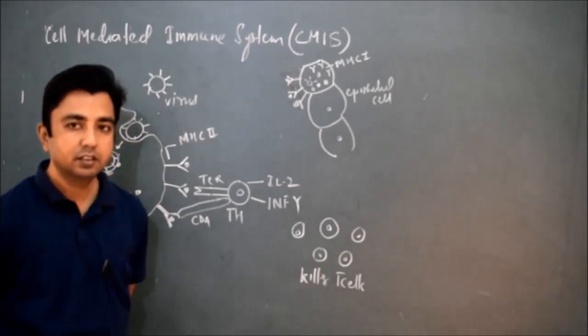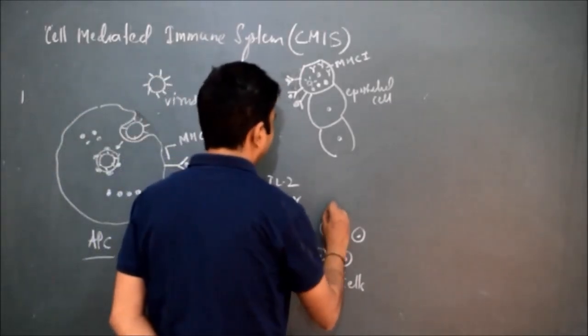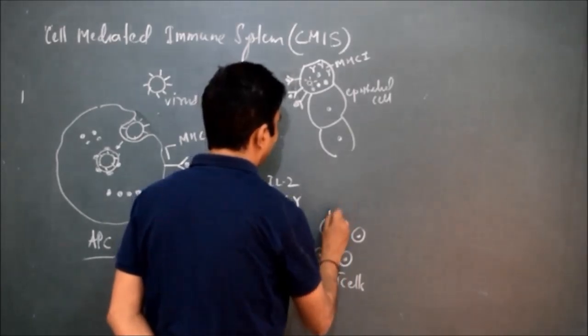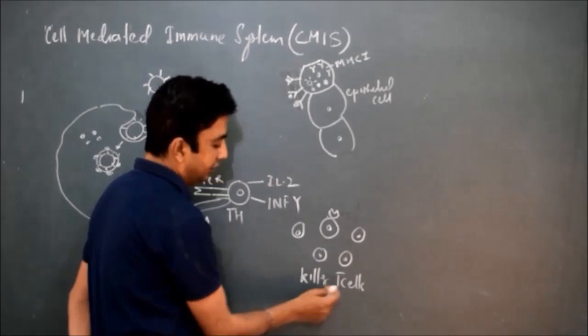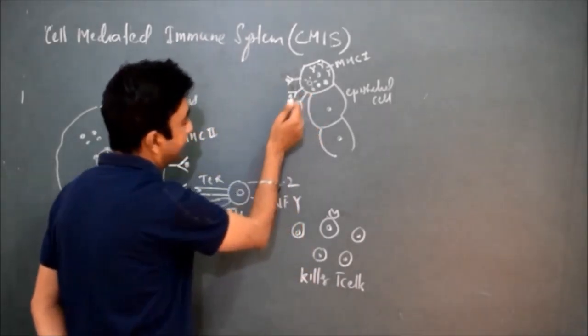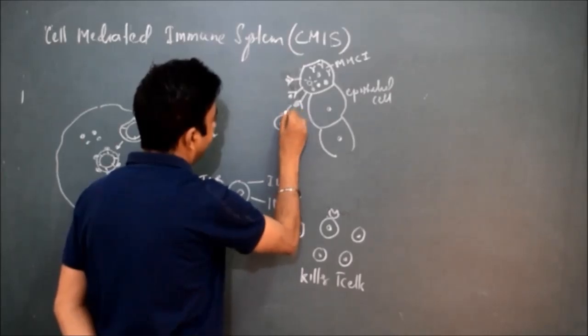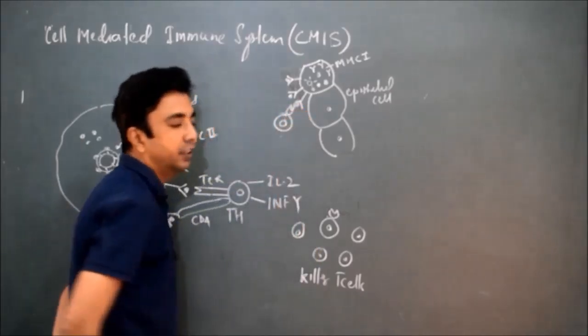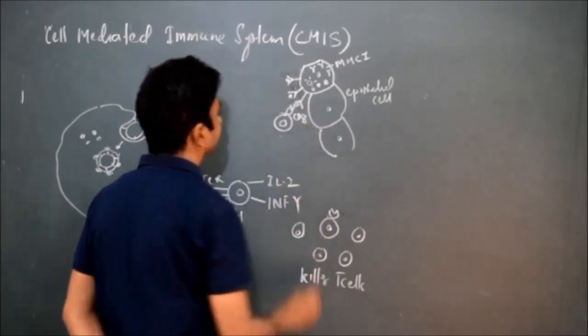Killer T cells consist of CD8 molecules. These killer T cells will go to this epithelial cell, and here they will attach to the antigen through CD8.